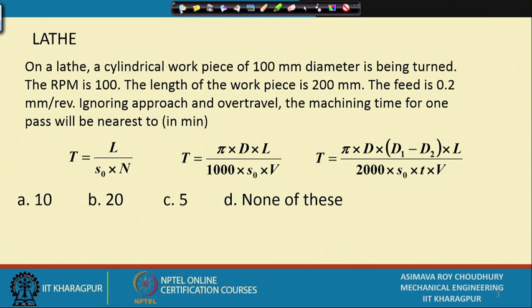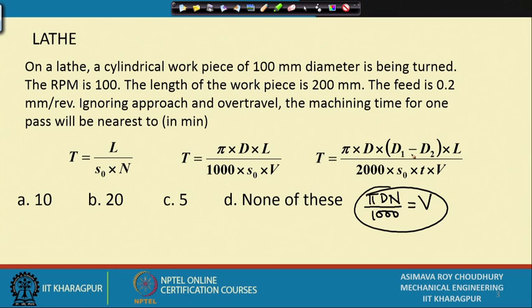If V is given, we can find out n from V: pi d n by 1000 is equal to V, and just by shifting terms from this side to that side, numerator to denominator, we can find out n. I am not working it out; simply if you replace n you will get it.